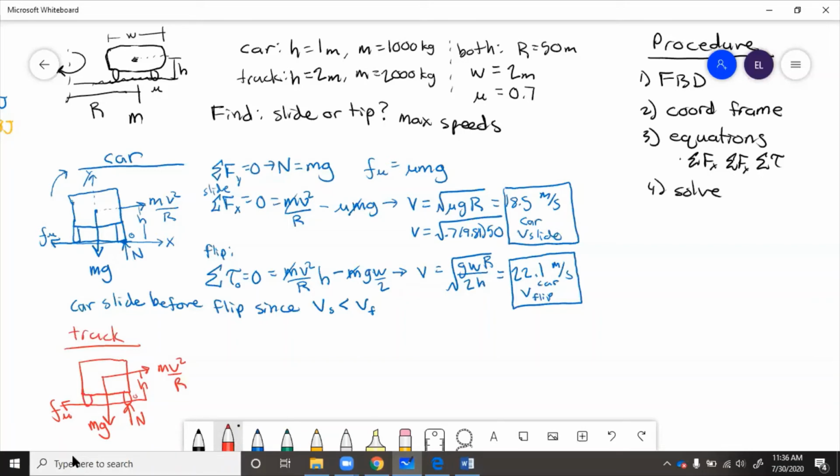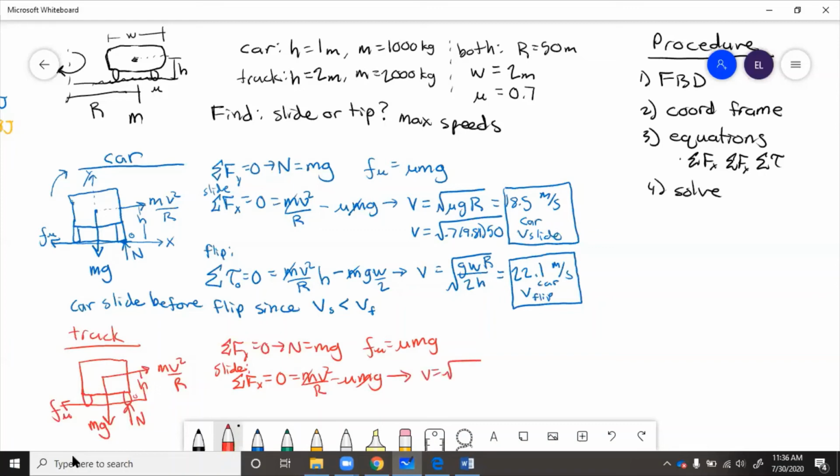So we do sum of the forces in the y equals 0, n equals mg, f mu equals mu mg. And then for slide, we look at the x direction. Sum of the forces in the x equals 0 equals mv squared over r minus mu mg. So since we're working this out with formulas, it looks exactly the same as for the car.